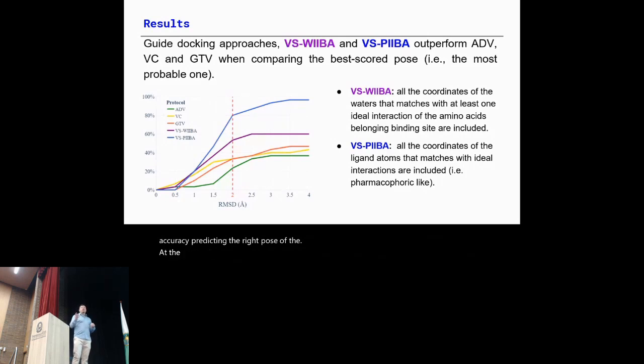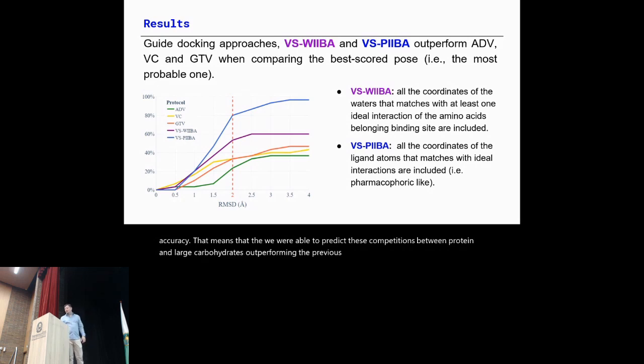Using the more general water-based approach, we reach almost 60% accuracy. That means that we were able to predict these complexes between protein and large carbohydrates, outperforming the previous implementations, Vina Carb and GlycoTorch Vina.